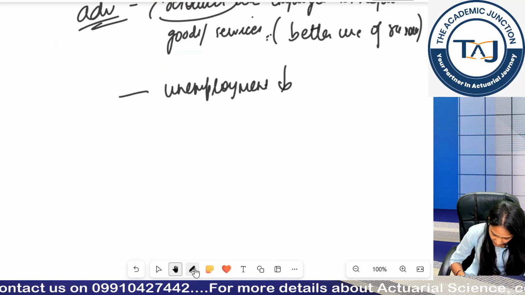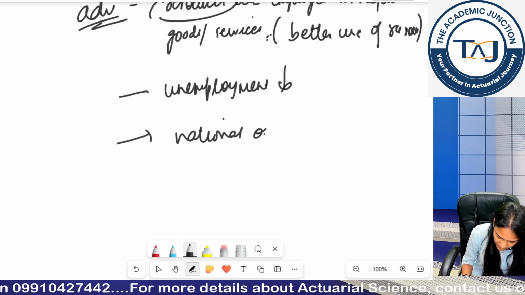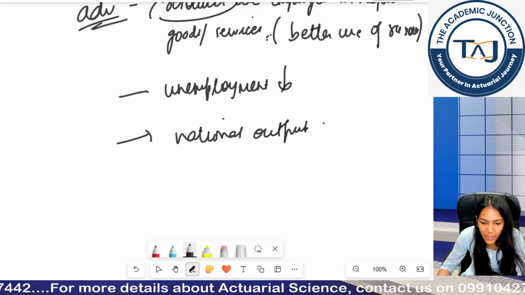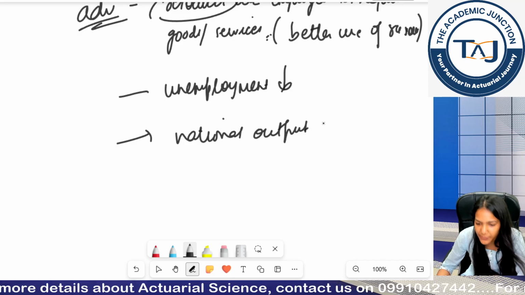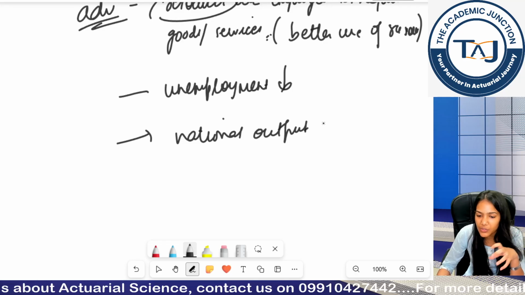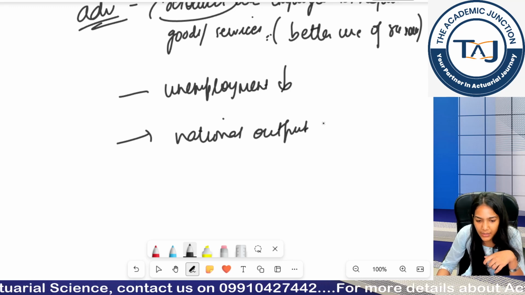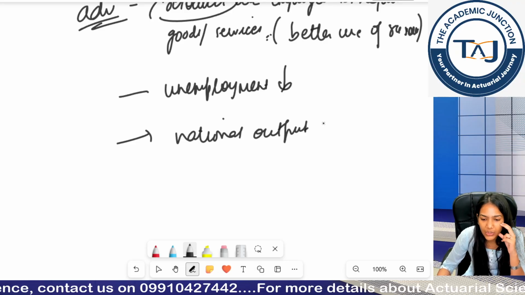Now if I talk about national output, again they can produce the national output in the best possible way, or whatever is required. For example, if they want some good X to be produced more abundantly compared to good B, they will direct their national output in that direction only.